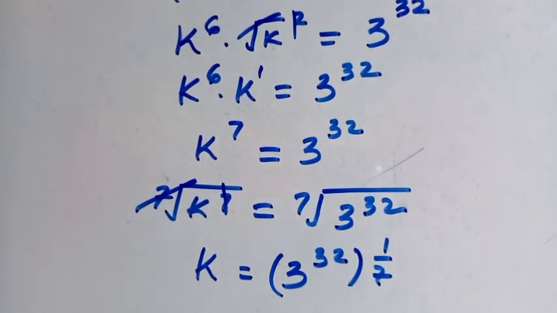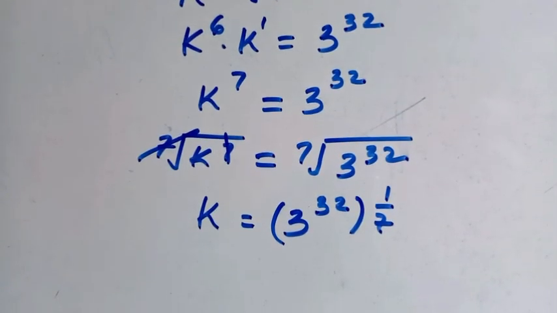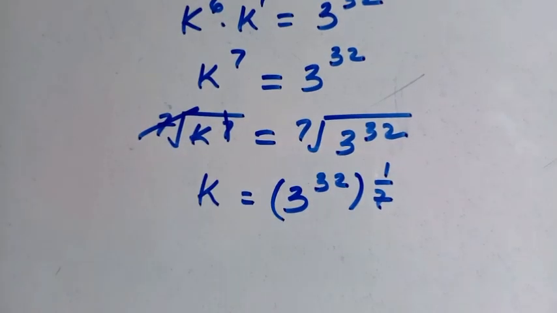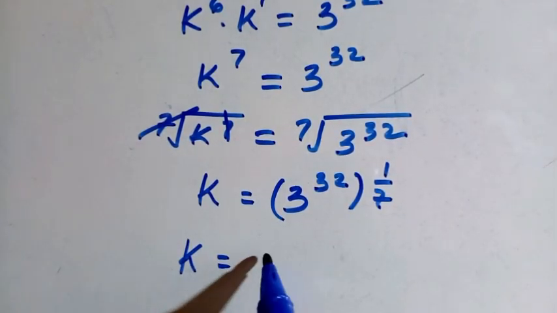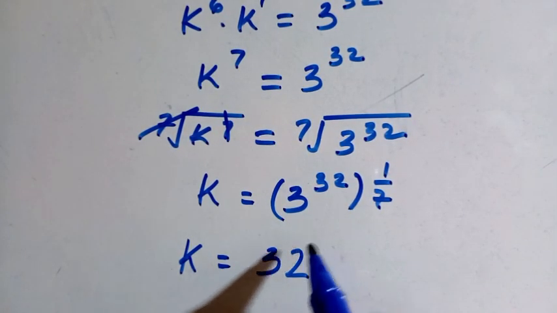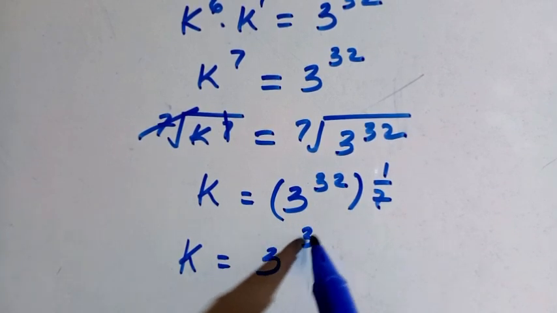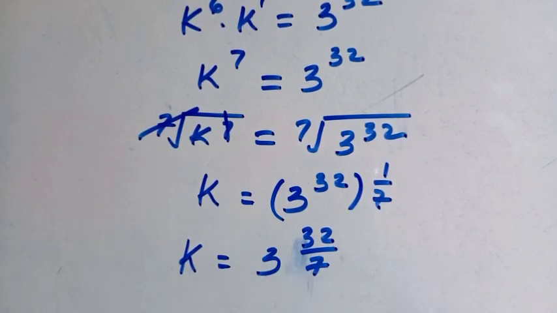So we can conclude that the value of k here, when we multiply 32 by 1 over 7, we get k equals 3 raised to power of 32 divided by 7. And here is the second solution to this as the second method.